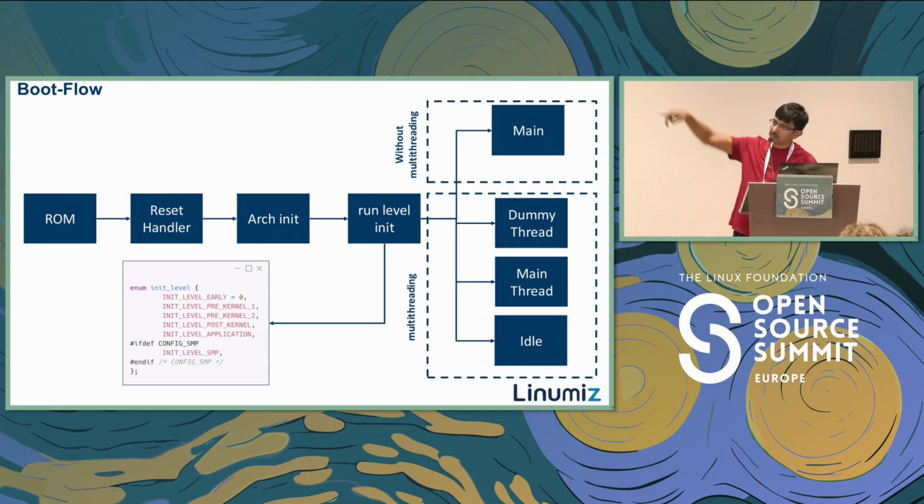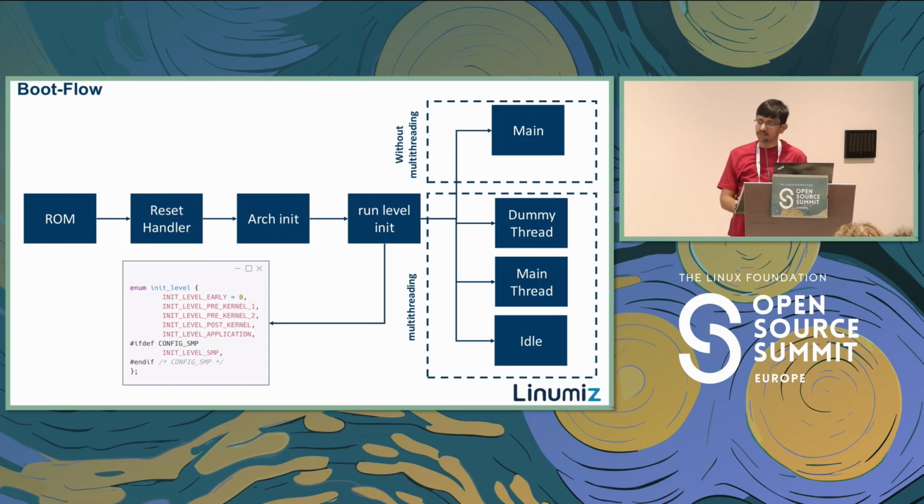So from the ROM code you have a reset handler, and then an arch initialization specifically to initialize the stack pointer, the MPUs and so on. Then you have an architecture-independent portion of initialization in the kernel init sequence itself, which carries out early init sequences, and then kernel and post-kernel activities where the drivers are initialized.